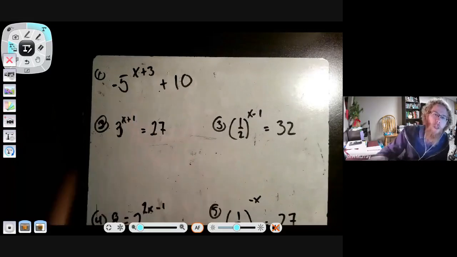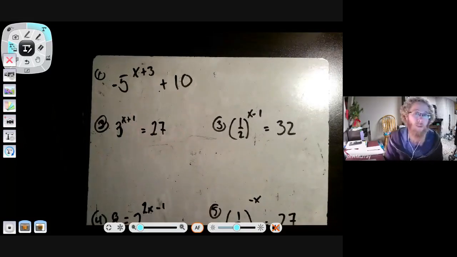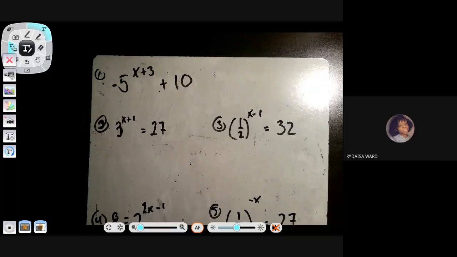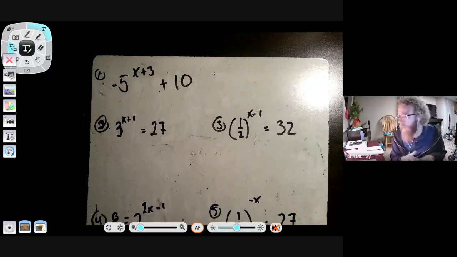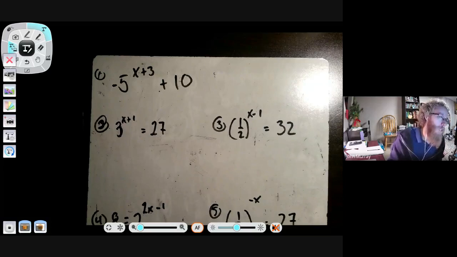Okay, so again, first we had the negative in front of the 5. So you had to pick which reflection that was. Is it good, Radesh? Yeah, I can see it now. Okay, cool. So the negative in front of the 5, what did that tell us? Did we do a reflection over the x-axis or a reflection over the y-axis?